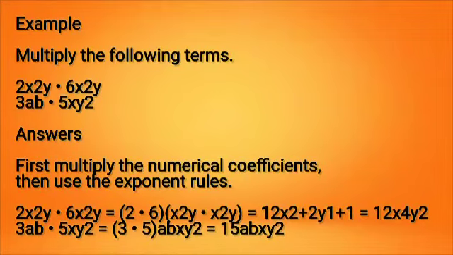Multiply the following terms: 2x squared y multiplied by 6x squared y. Remember, the dot indicates the multiply sign.